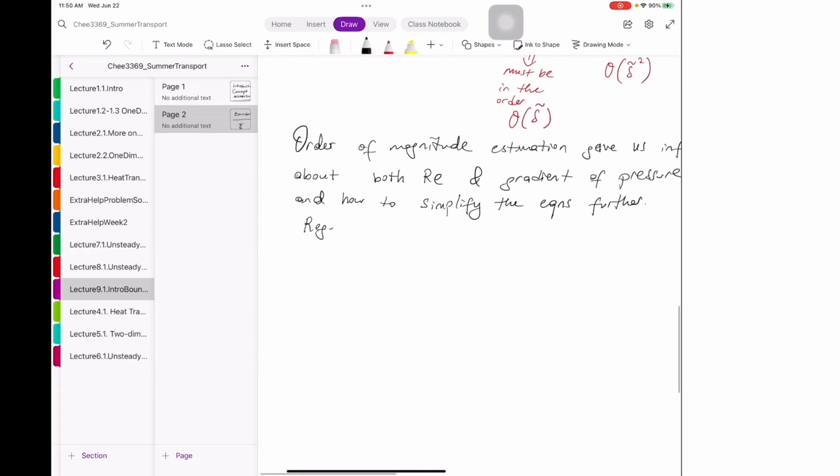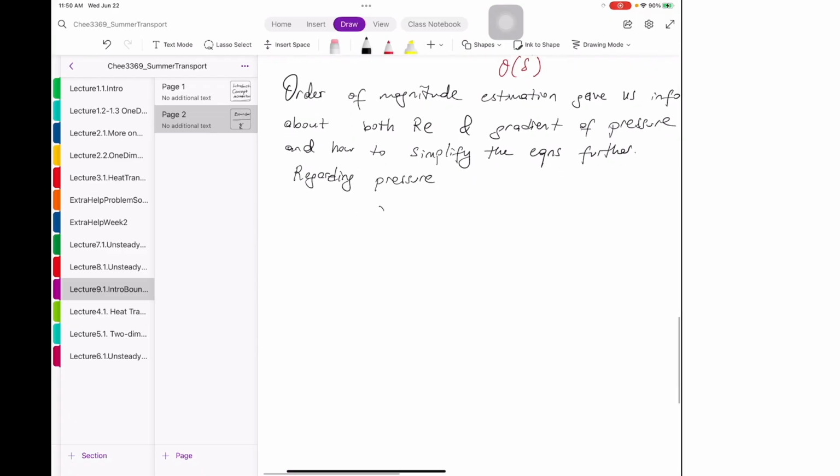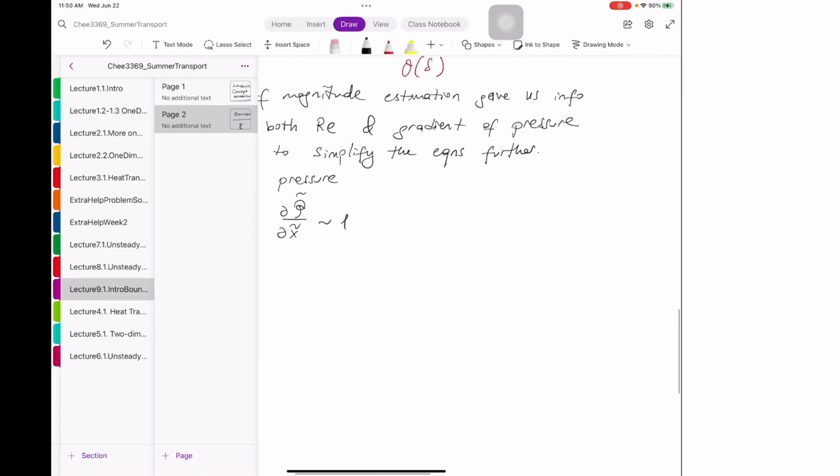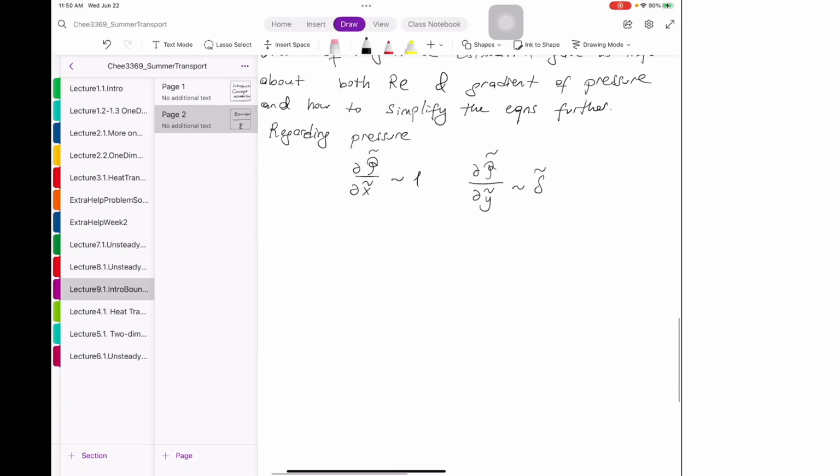Regarding pressure, we have the following. We have found del P tilde over del X tilde is in the order of 1, and del P tilde over del Y tilde is in the order of delta tilde. That means this is much, much larger. Oh, sorry, the other way around. This is much, much larger than the latter.